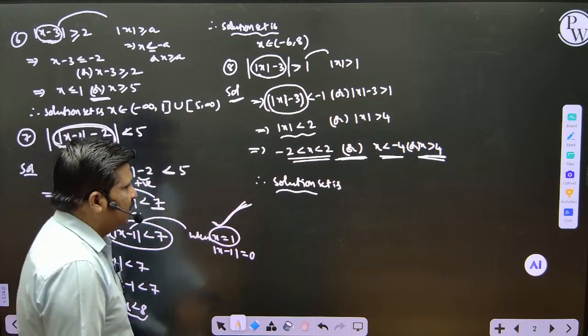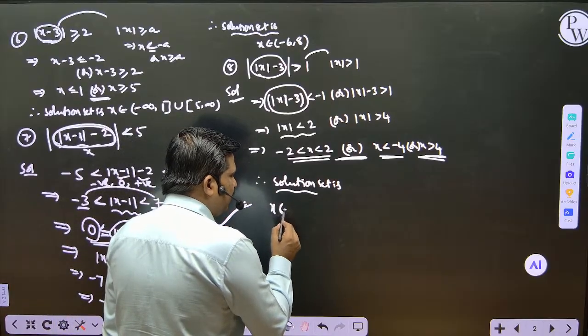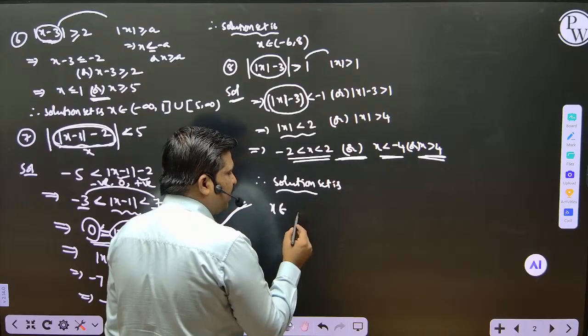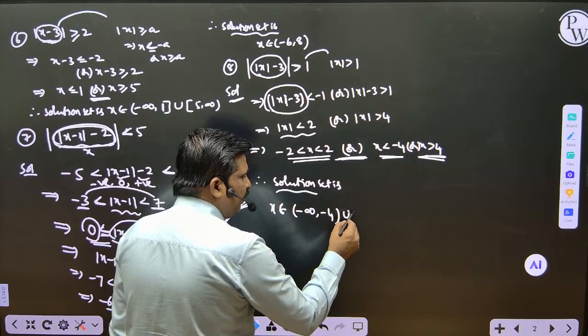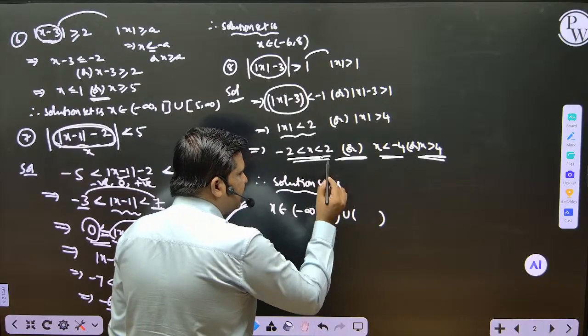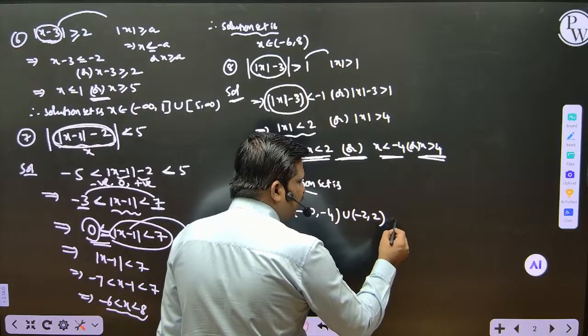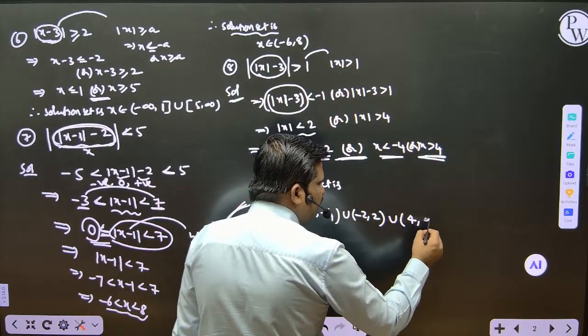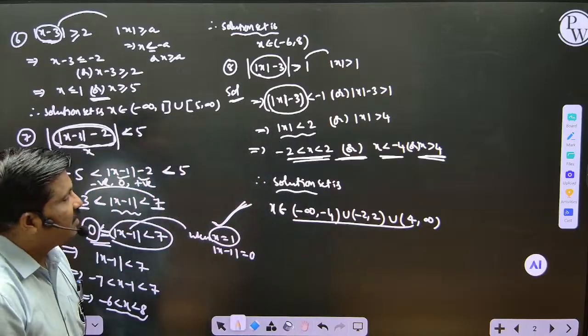So x belongs to, order wise, x less than minus 4 comes first, that is minus infinity to minus 4, union, next minus 2 to 2, next 4 to infinity. This is your solution set.